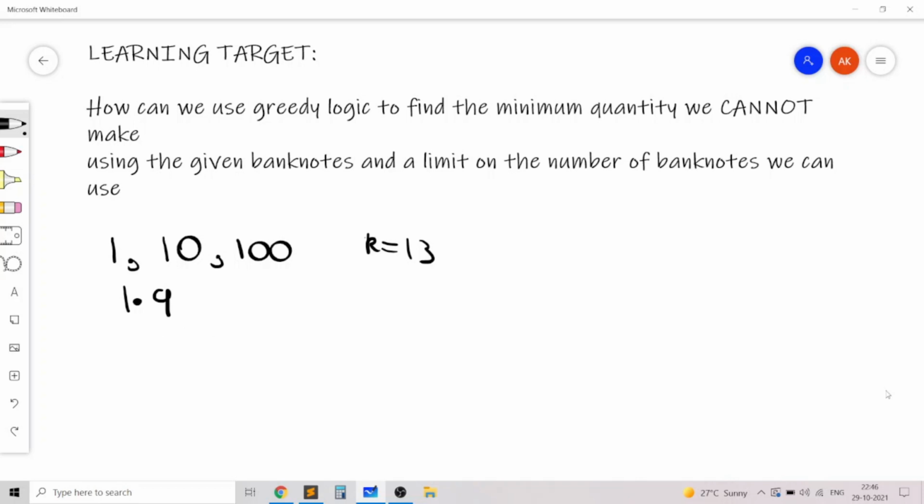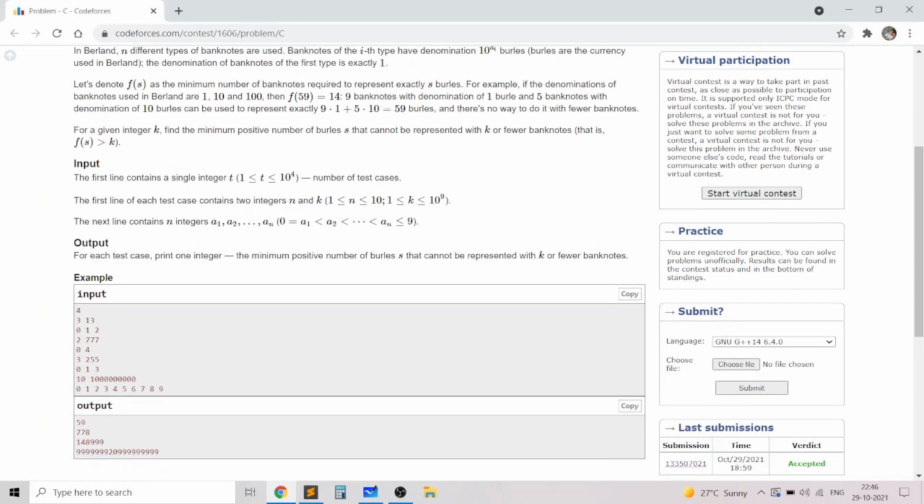That's why we can use 1 only 9 times. And then there are 4 left. So we can use the banknote 10 four times, or actually five times, since we want k plus 1 notes. And this gives us 59. That's why 59 will be the optimal answer.